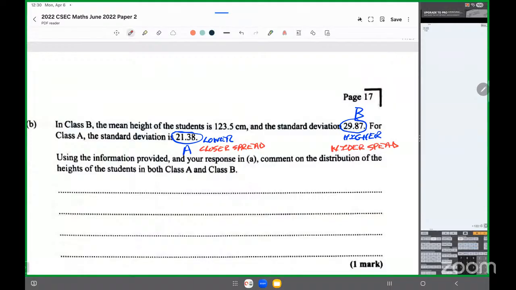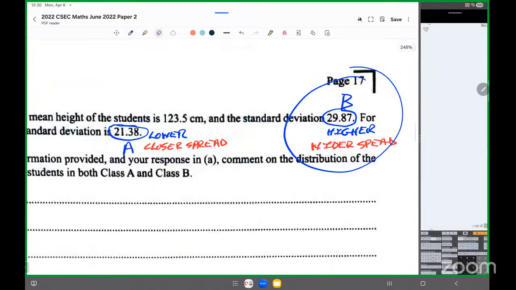I'm going to write something to that effect now, right? So a typical example is that either they're going to use B as their reference for the explanation or A as a reference for the explanation. If I'm using B for the reference, I'm going to say the height is more widely spread because it has a higher value than A. If I was using A as my reference, then I would say it is more closely spread than B. All right, I'm just explaining this a little bit more than I would because I want you to be able to explain it if I get it.